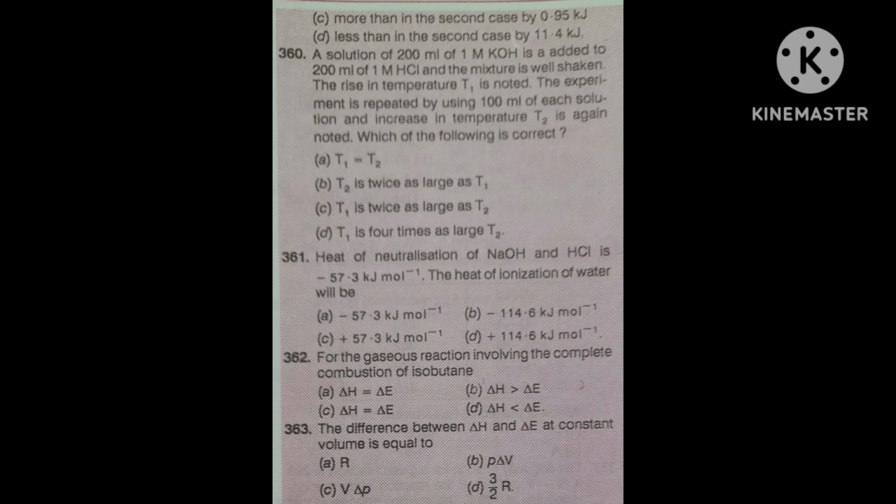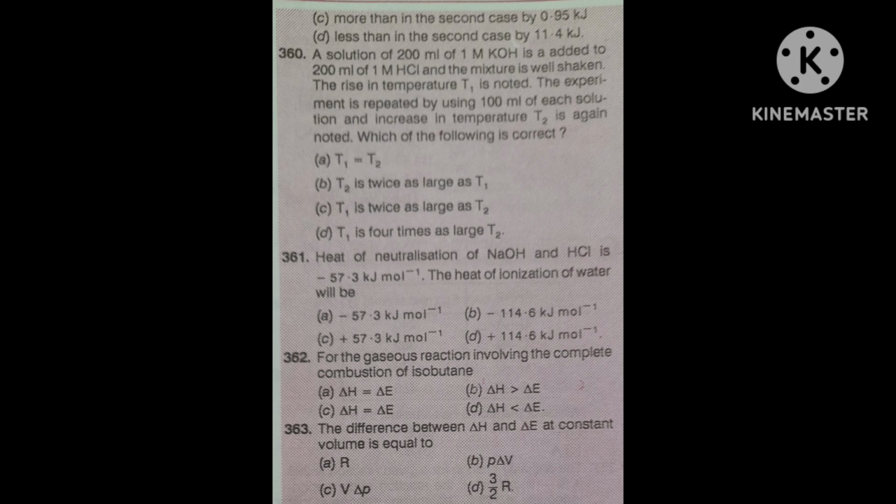But actually what happened? Actual heat evolved: 100 ml and 100 ml you have mixed, that became 200 into T2. This is the actual heat. Actual heat is 100 plus 100 into T2, per ml here also you have to consider.